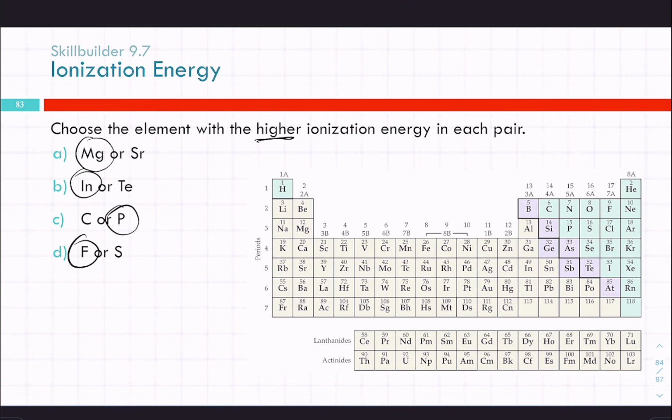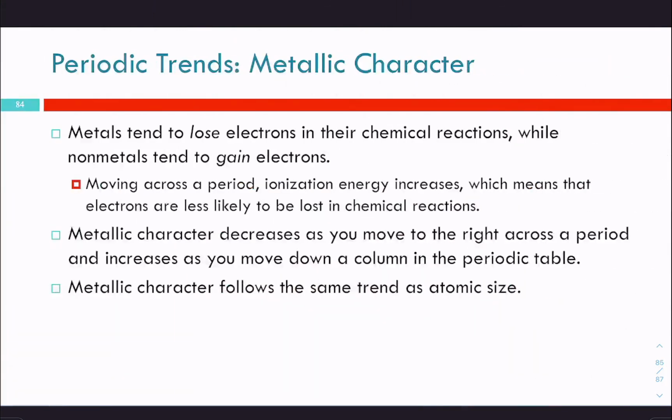All right, the last trend we're going to talk about then is metallic character. And this one's easy to remember if you remember atomic size, because it's the same. Metals tend to lose electrons. Again, remember group 1 and group 2 are both metals, and they both want to lose 1 and 2 electrons respectively to be like noble gases.